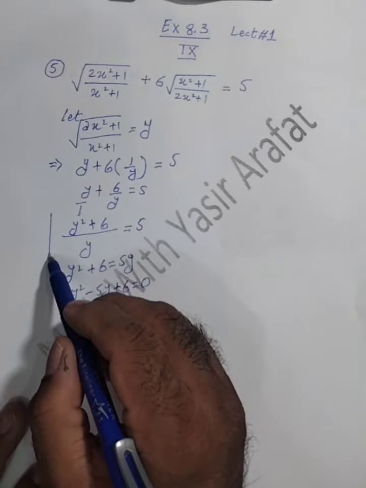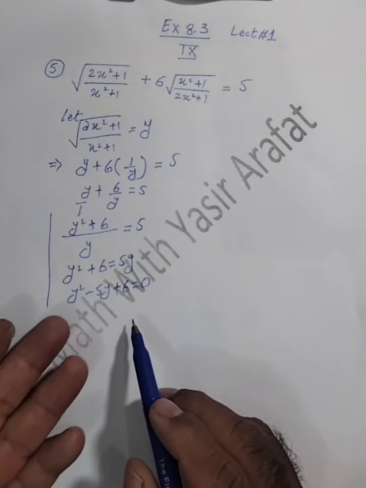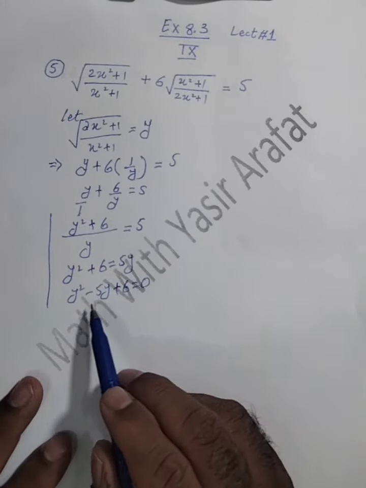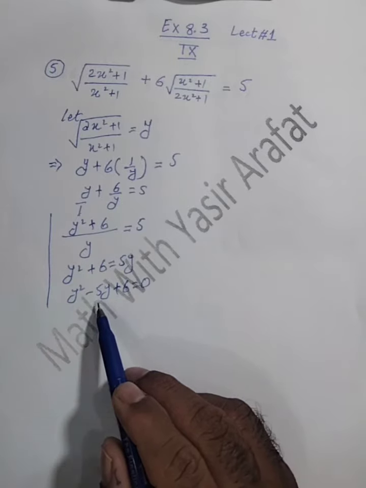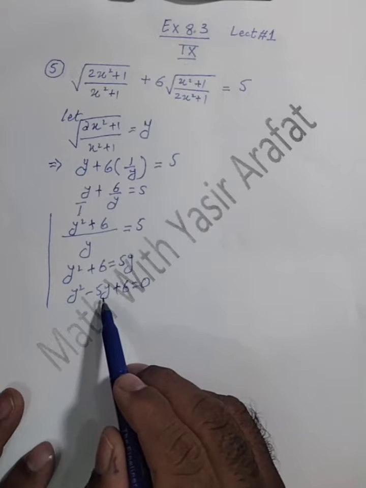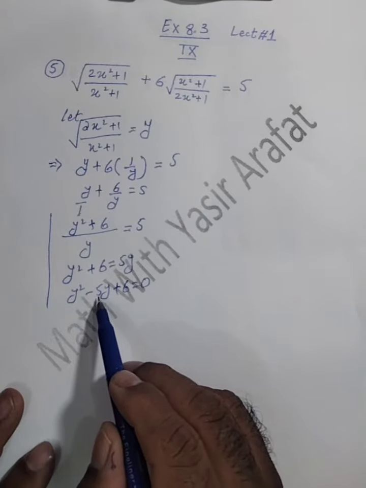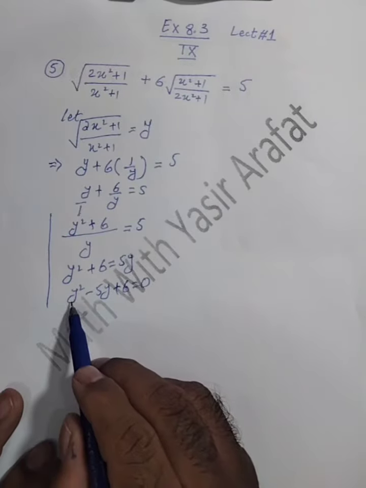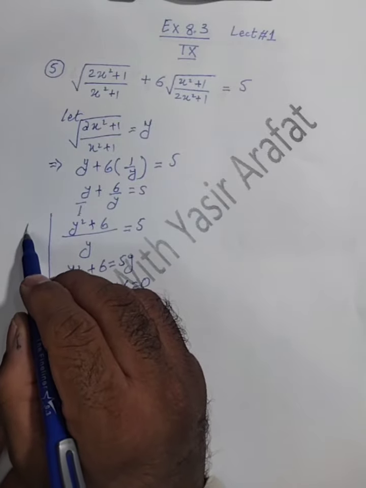So we have 3 methods, and normally we use 2 methods here. Number 1, you can apply the quadratic formula, and number 2, you can find the solution by using middle term breaking. So y square multiplied by 6, 6y square.